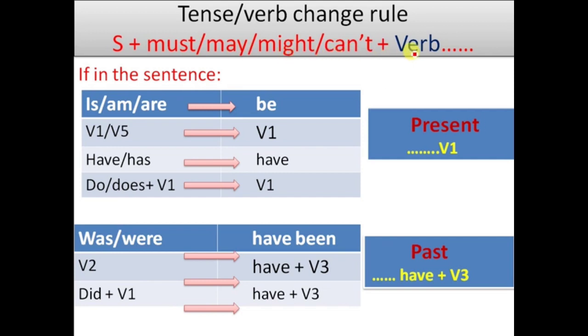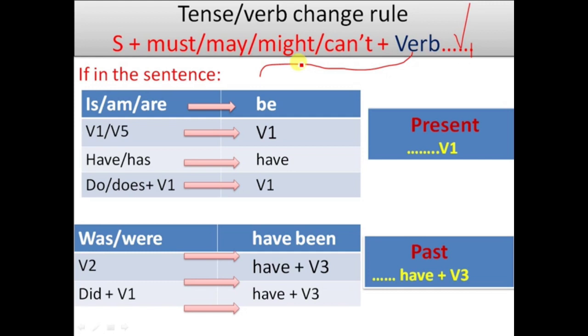Regarding verb, you have to be very careful while writing verb before such modal verb. So see, generally such modal verbs get followed by be, or such modal verbs get followed by V1. This is the rule. After modal verb we have to use V1.